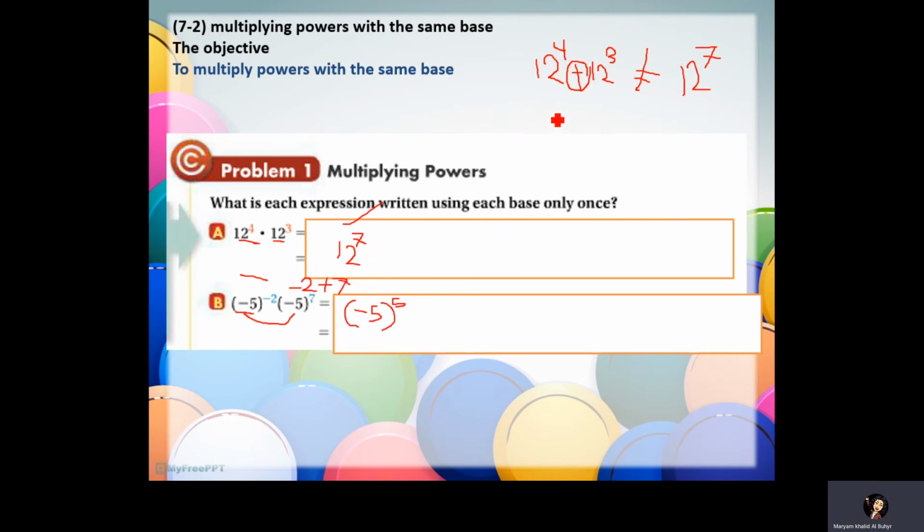Let's continue. I want you to notice one more thing. If you have 12 to the power 4 and 3 to the power 2, you cannot add the powers here. You cannot write anything. Please be careful on that. I'll give you more details about this in the coming lessons.